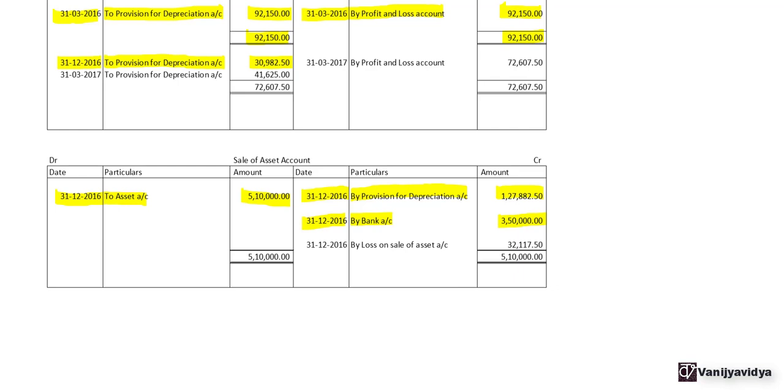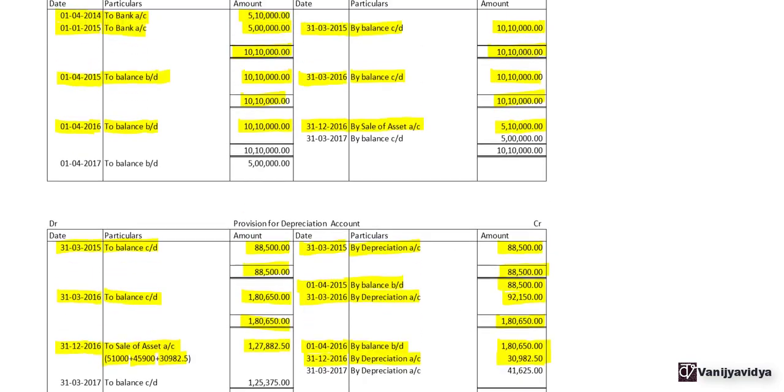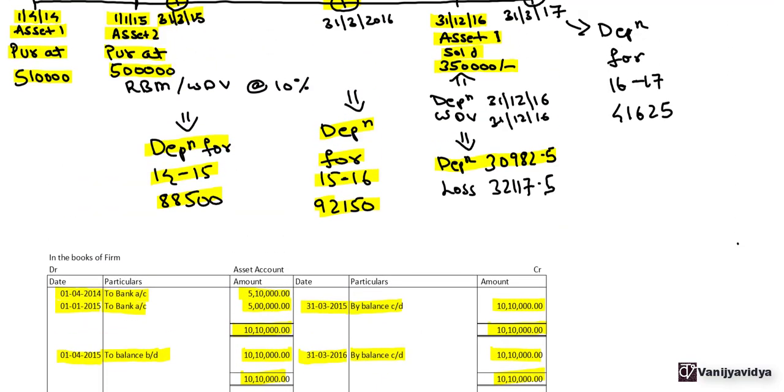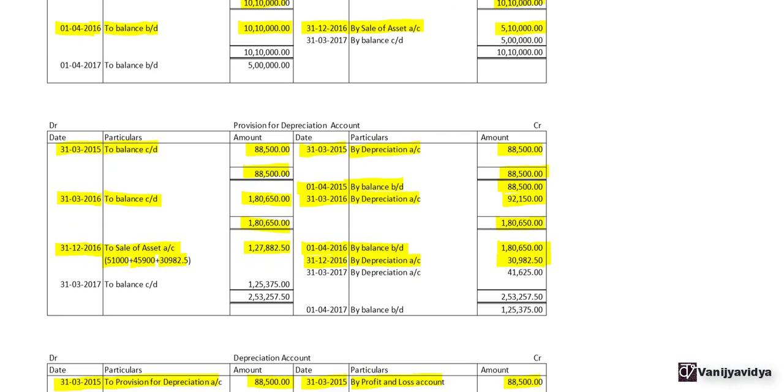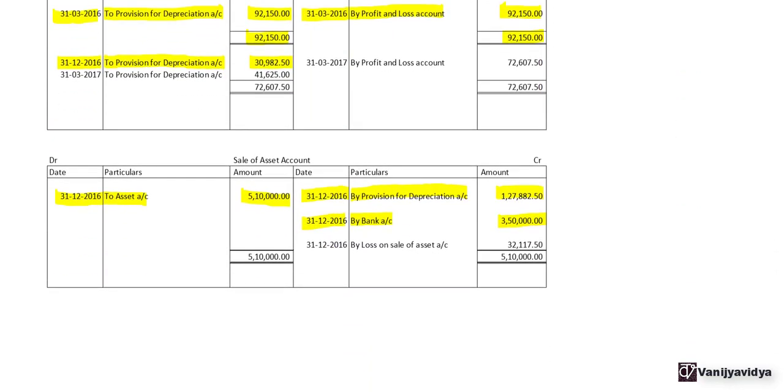Then there is a loss on the sale. The amount of the loss we have already calculated. Loss on sale is 32,117.5. Whatever is the loss on the sale will be transferred to the profit and loss account at the end of the year.